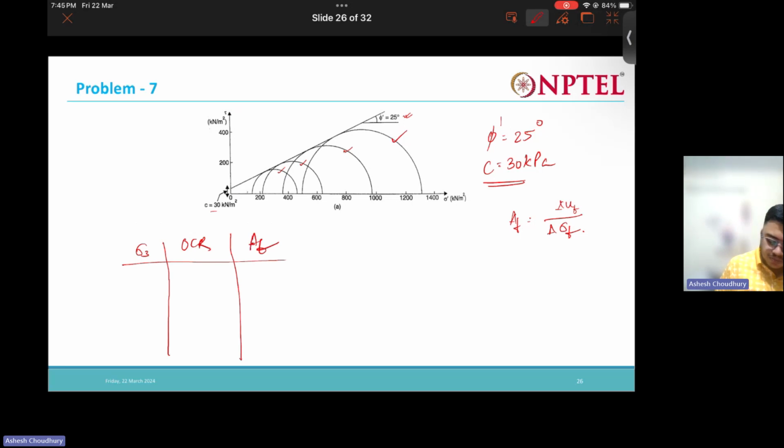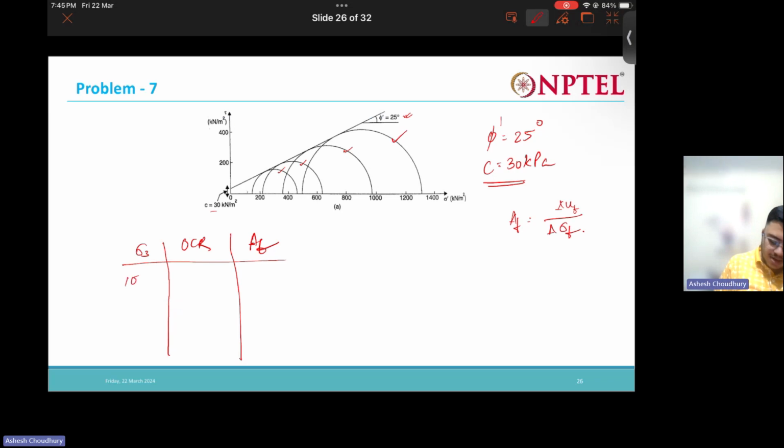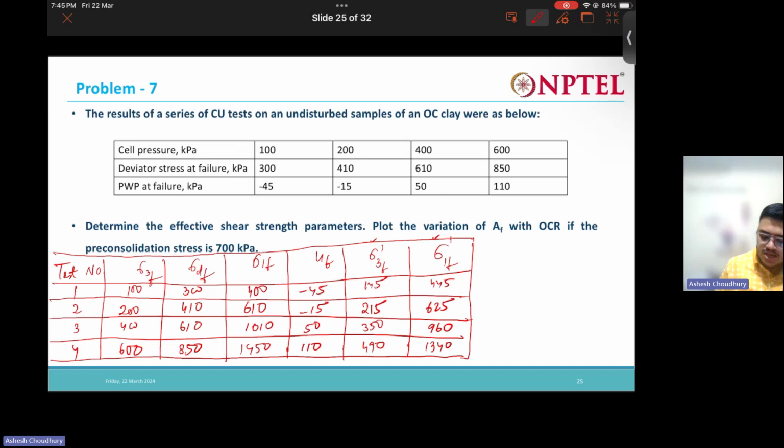Now first, what is sigma 3? 100. For 100, what will be the OCR for this first test? What is over consolidation ratio? The pre-consolidation stress divided by the present stress, that is 700 by 100, it will give you 7.